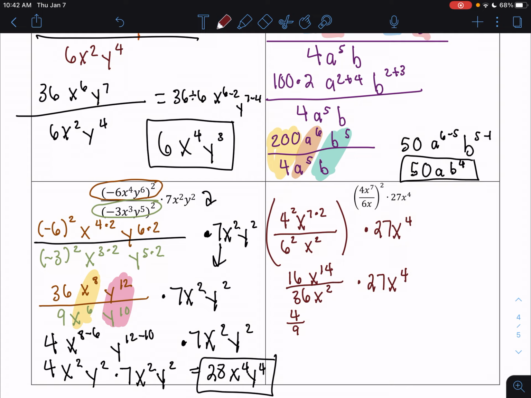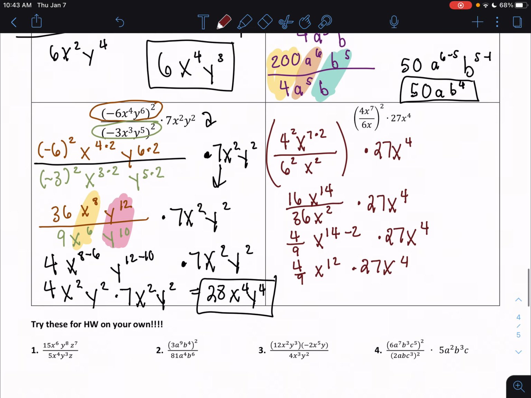We're just going to simplify the fraction down to 4/9. So we're going to divide both of them by 4. Simplify that fraction down. Then we have 14 minus 2, x to the 14 minus 2. That is our dividing rule there. And bring down the 27, x to the 4th, and then we have 4/9 times x to the 12th times that 27, x to the 4th.